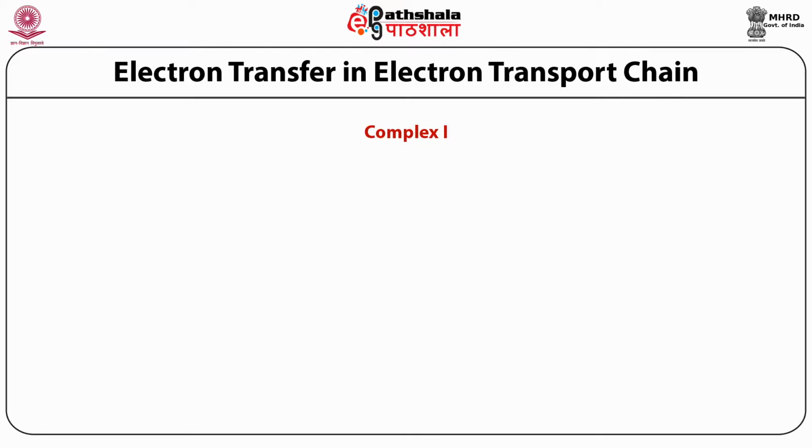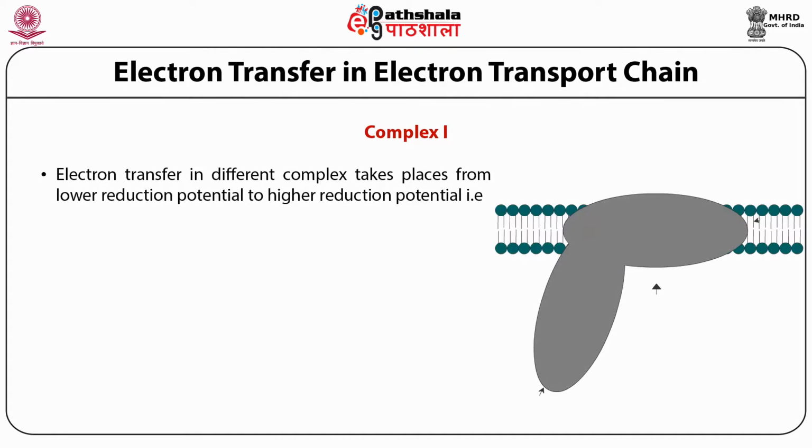Electron transfer in complex first will be initiated with the electron donated by NADH. As you know, electron transfer always takes place from lower redox potential to higher redox potential, which means NADH must have the lowest redox potential of all the electron carriers present.